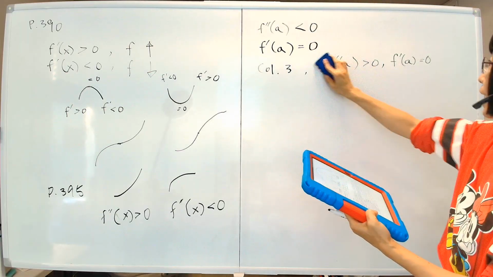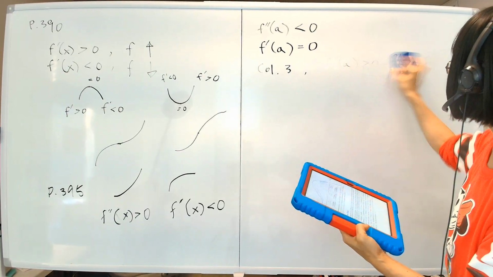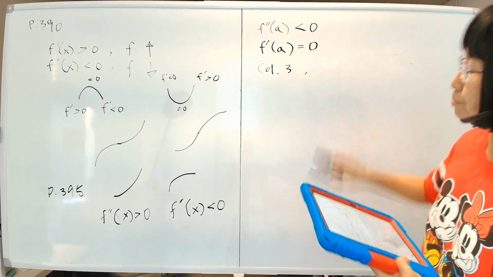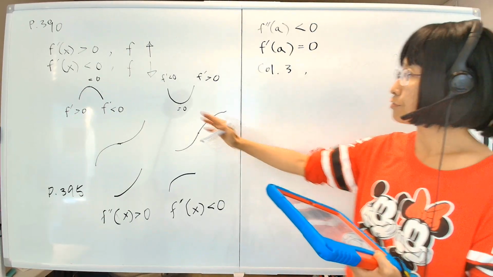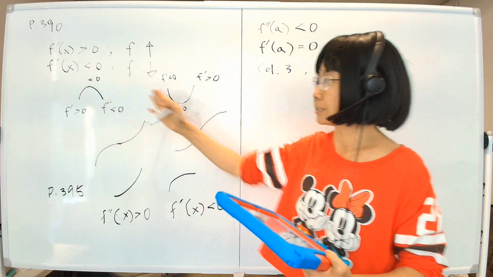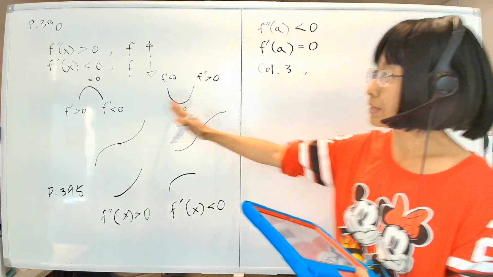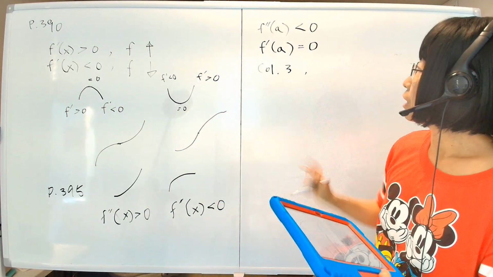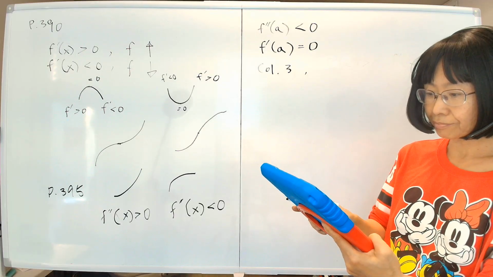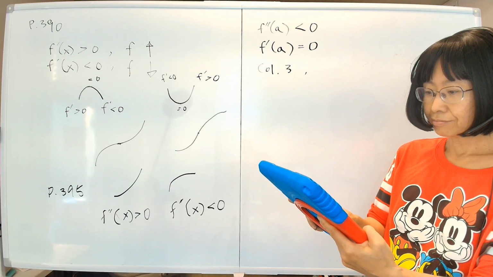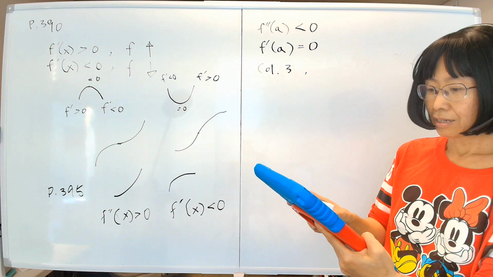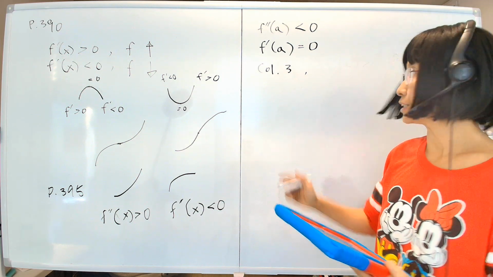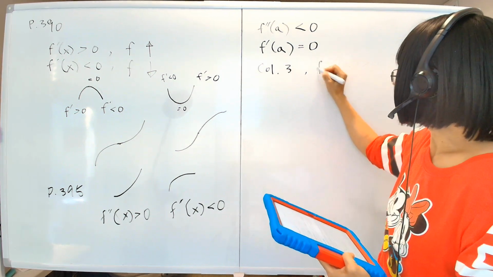I mean before that, f prime goes from bigger than 0 to 0 to less than 0, which means that f prime is a decreasing function. So f prime is decreasing.